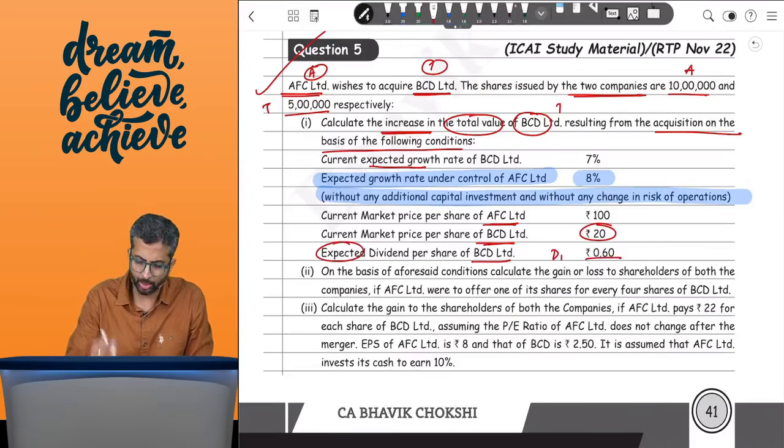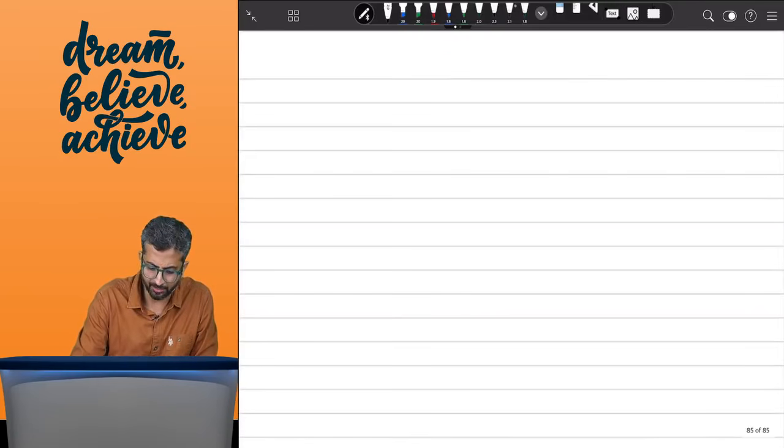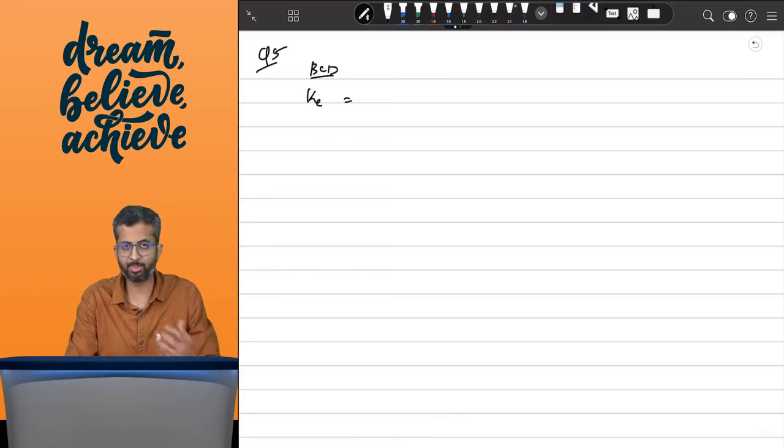What are you supposed to do to find the increase in the total value of BCD resulting from the transaction? For BCD, in question number 5, my existing KE is how much? This is based on CAPM ideally, but you don't have data regarding RF, RM or beta.